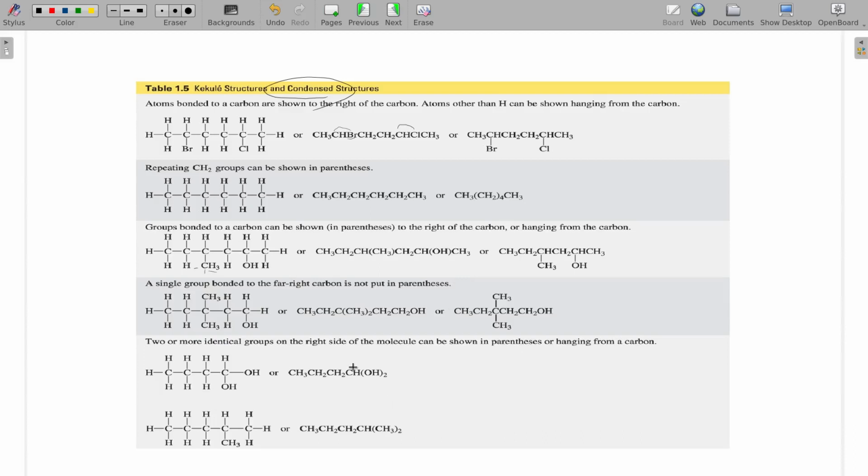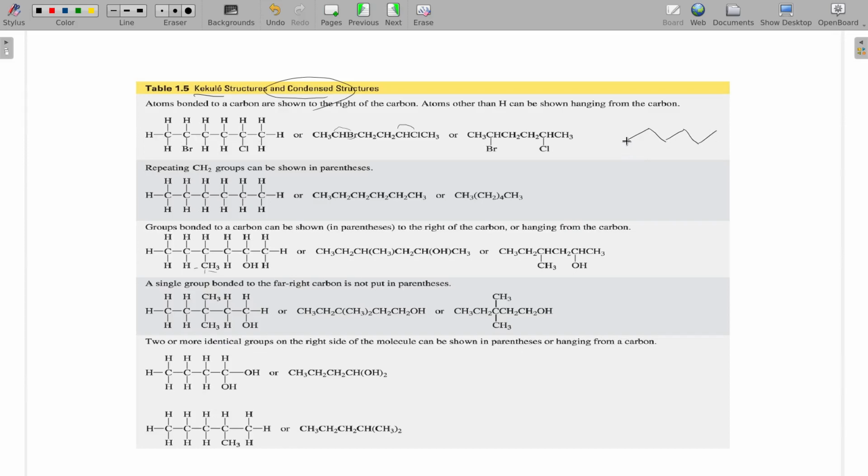You will see Lewis structures without the lone pairs. We're going to call them Kekulé structures a lot as well. Now, another weird thing that pops up with Kekulé structures, you sometimes don't draw the hydrogens at all, and sometimes the carbons aren't labeled. What I mean by that, this thing right here, which has 1, 2, 3, 4, 5, 6 carbons in it, will sometimes end up looking just like this.